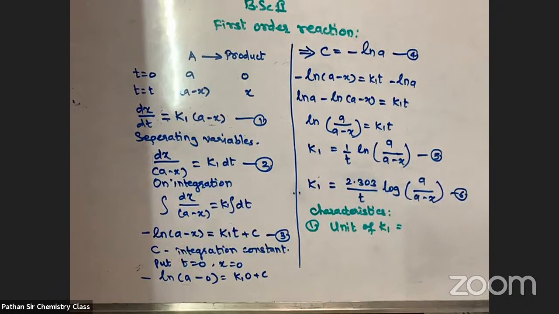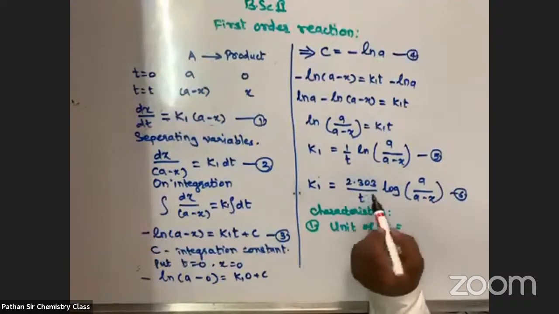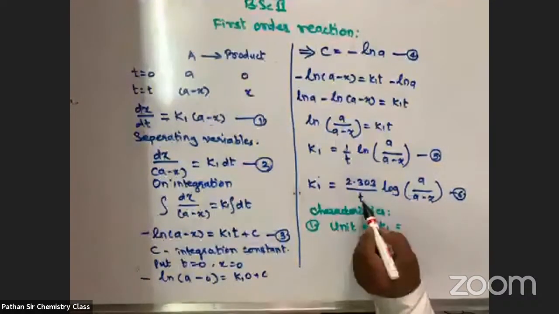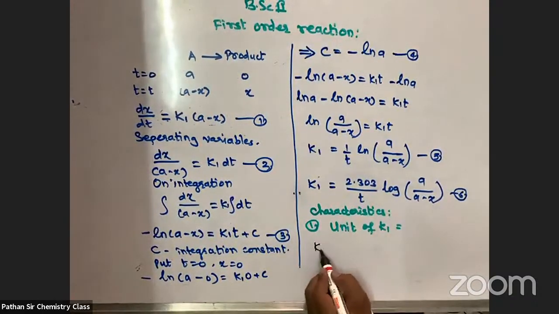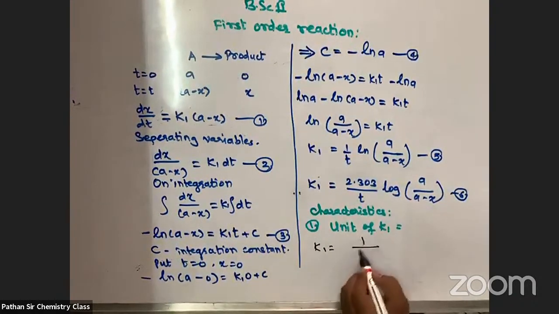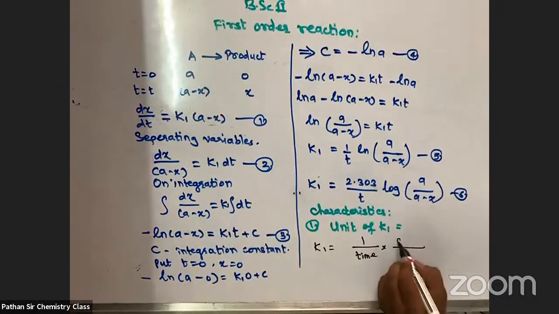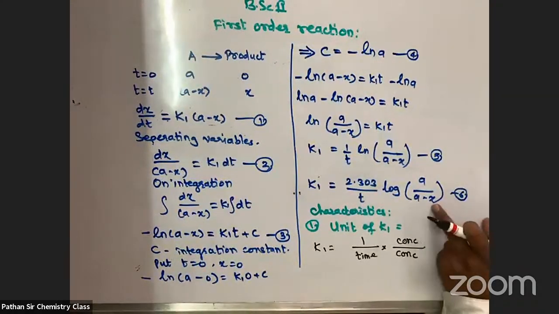Okay. See, now look at this expression: K1 is equals to 2.303 divided by T into log of A divided by A minus x. The 2.303 is unitless, times 1 upon T; this is concentration, this is also concentration. So K1 will be equals to 1 upon time into, leaving aside the log, A means concentration, A minus x again concentration.